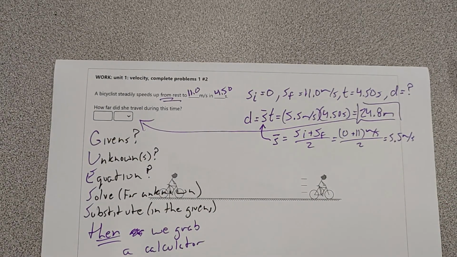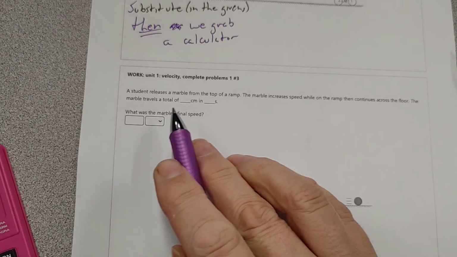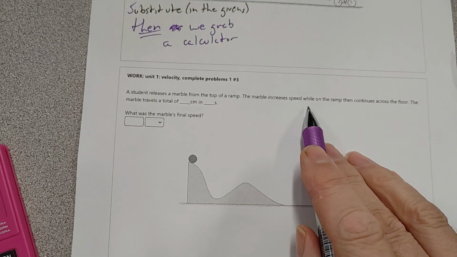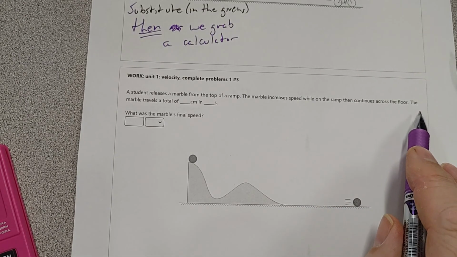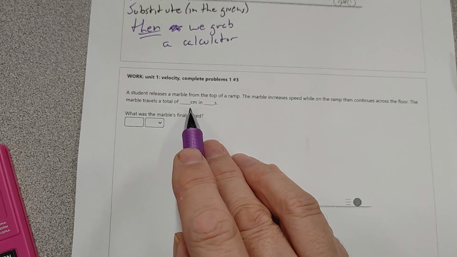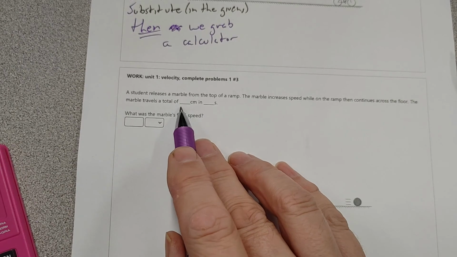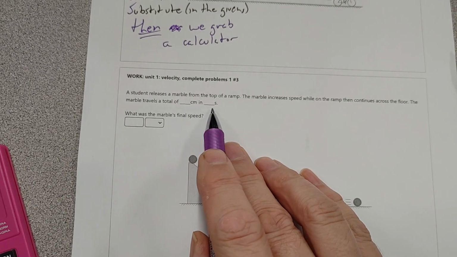I want to look at 2 more real quick. This guy right here is a trick question. A student releases a marble from the top of a ramp. The marble increases speed while on the ramp, then continues across the floor. The marble travels a total of some number of centimeters in some number of seconds. What is the marble's final speed? They gave you enough to figure out the average speed.